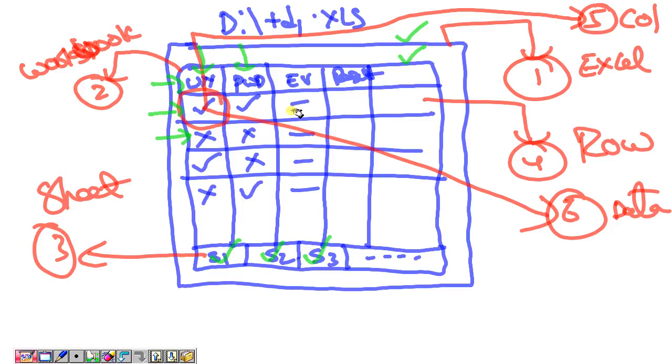To get a particular cell's data, first you need to identify the Excel file path. Second, you need to find the workbook in that Excel file. And then inside that workbook there are many sheets, and you need to identify the particular sheet.